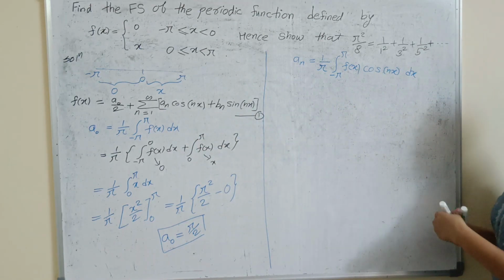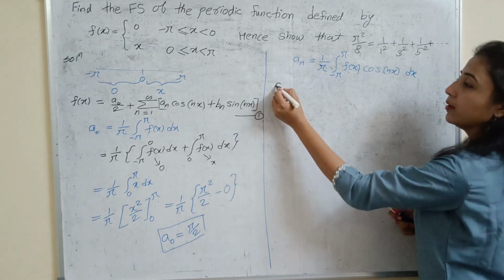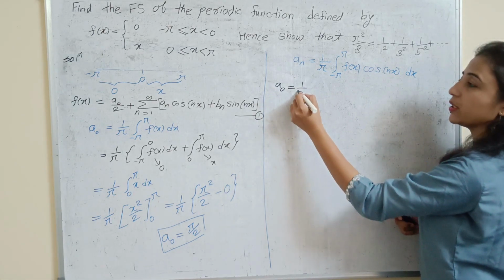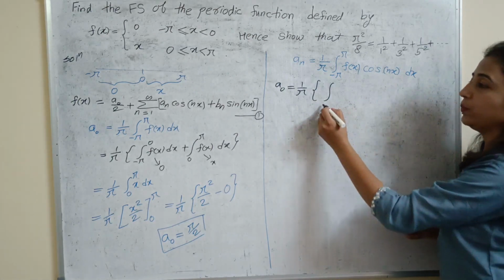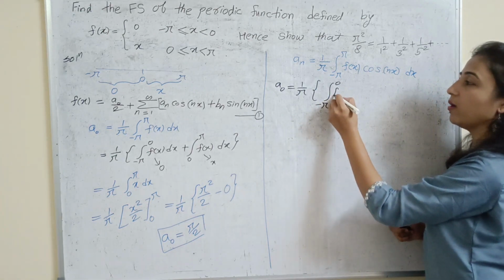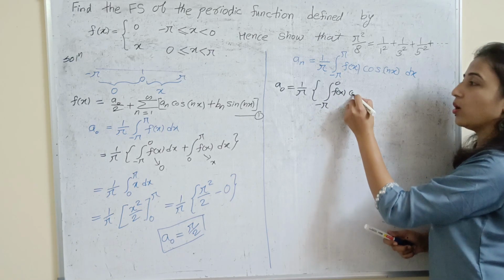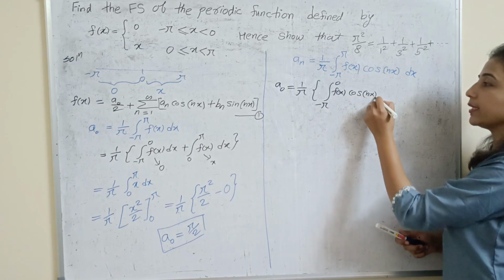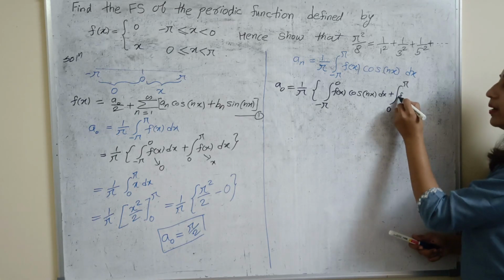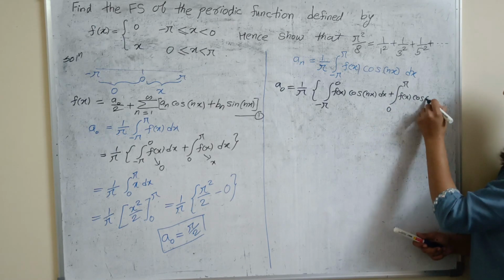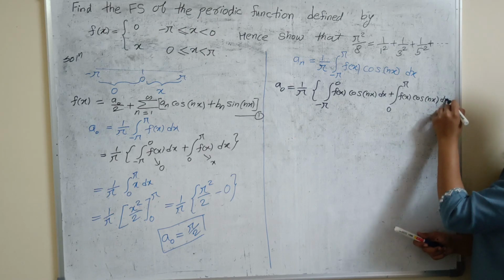Now again here also you have to put the value of function, but function is divided into two parts, so we have to write the integral minus pi to 0 f of x cos nx dx plus next is 0 to pi f of x cos nx dx.